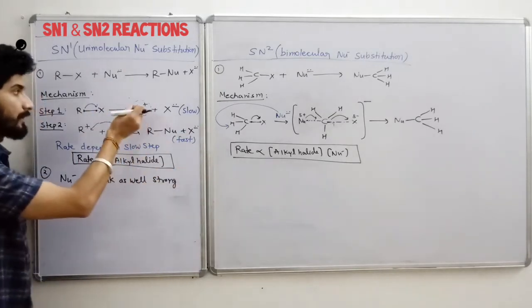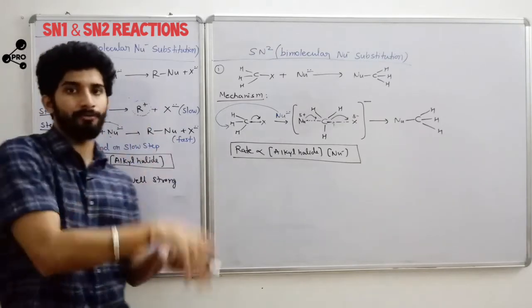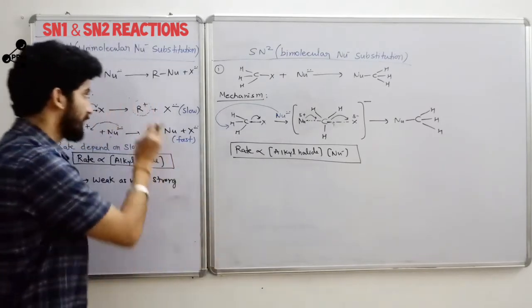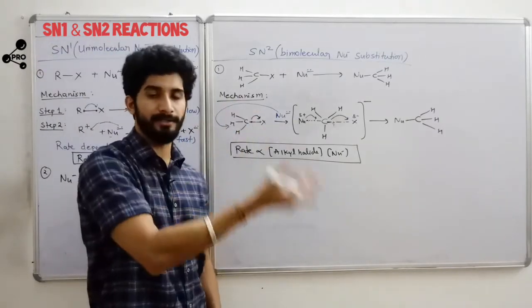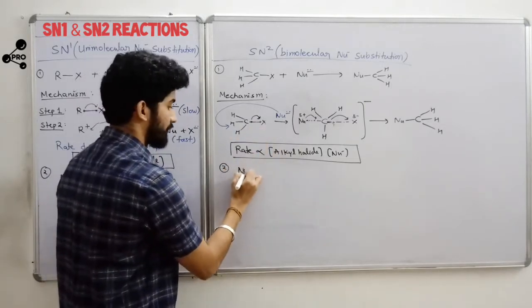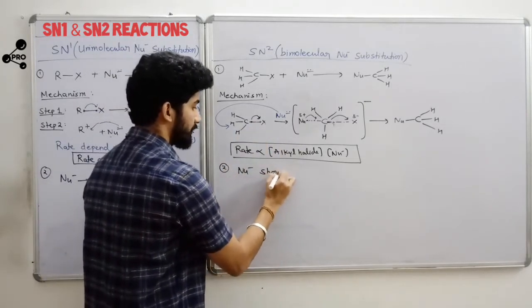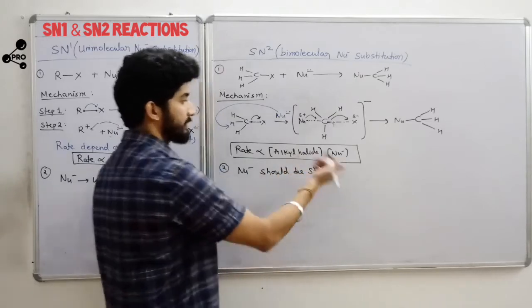Why? Because these are two separate steps. Once a carbocation is formed, any nucleophile can attack it. But in SN2 the carbocation is not forming, therefore the nucleophile should be strong, like CN minus or I minus.